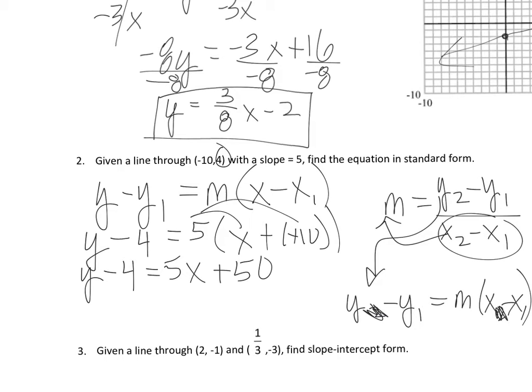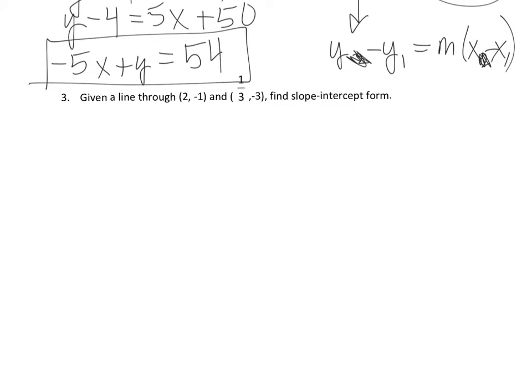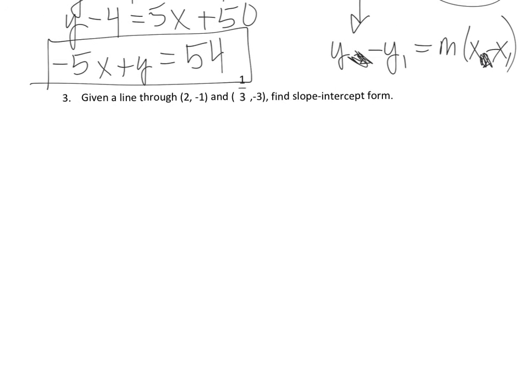We want to get into standard form, so I'm going to subtract over the 5x, and I want the constants all to the other side, so the negative 4 I'm going to add over to the other side, which would give us 54. Totally fine with that: negative 5x plus y equals 54. Like I said, the standard practice is having the x term positive, so if you did, you just change it to 5x minus y equals negative 54.